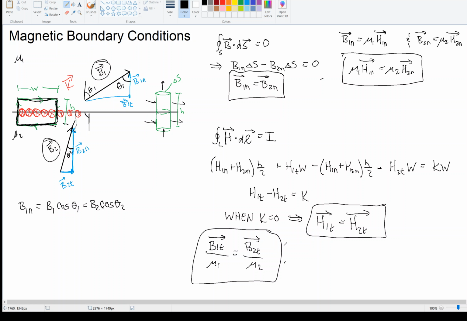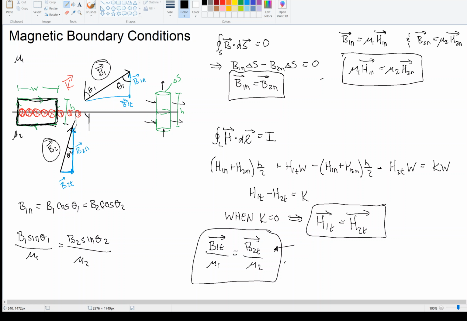Similarly, for the tangential components, B1 sine of theta 1 over mu 1 must equal B2 sine of theta 2 over mu 2, like that.